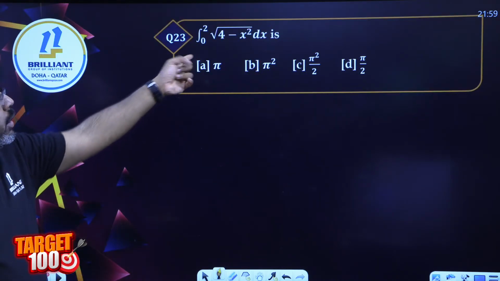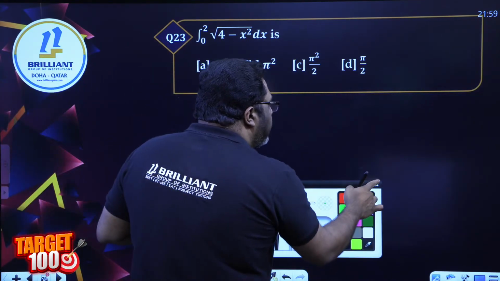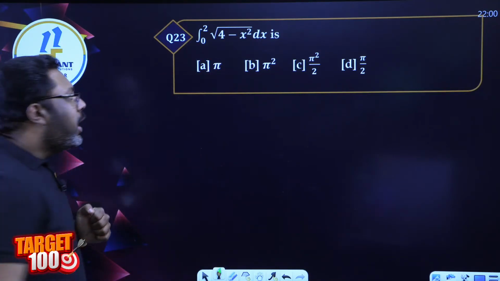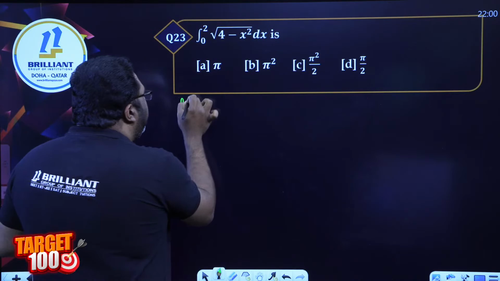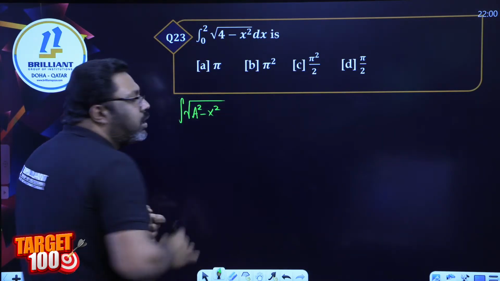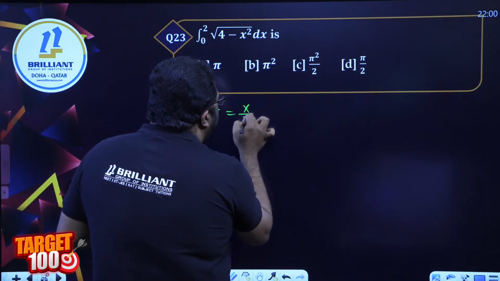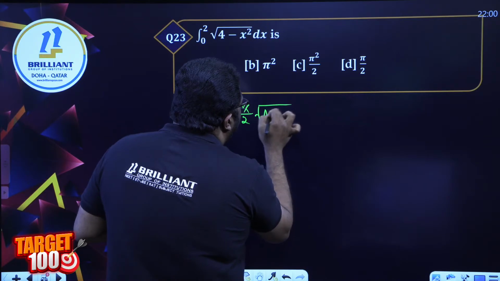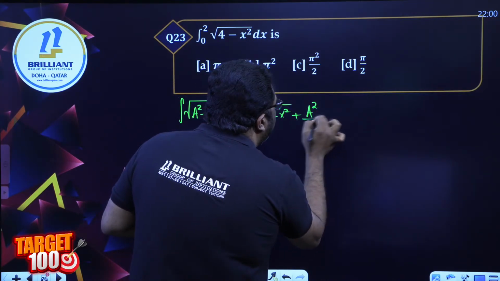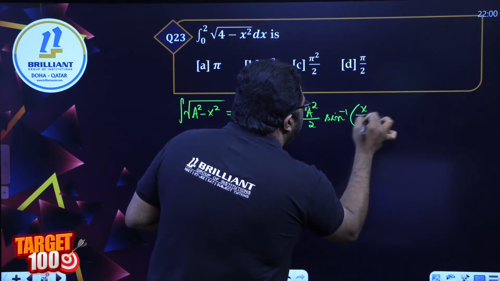Question number 23. A standard form repeatedly taught to you in every class on application of integrals. This is a very common formula when it comes to application of integrals, area under a circle or an ellipse. Formula: x by 2 root of a squared minus x squared plus a squared by 2 sine inverse x by a.